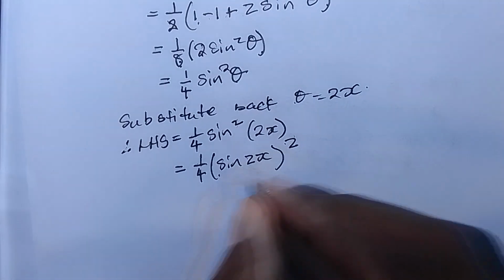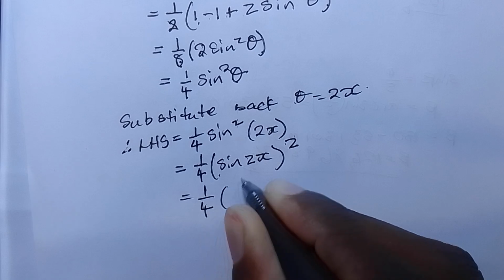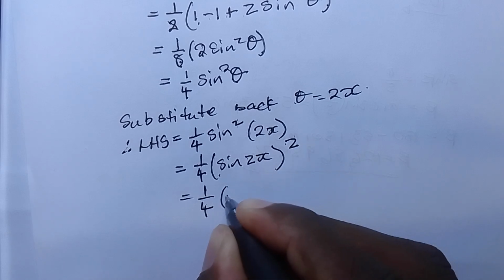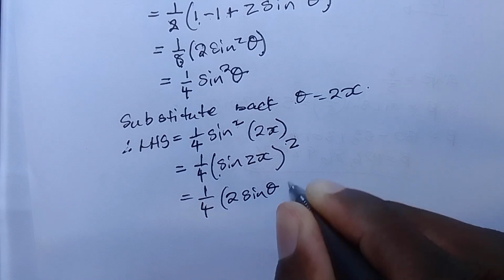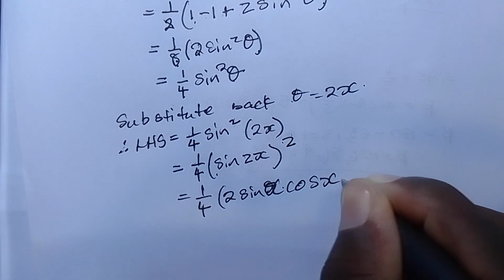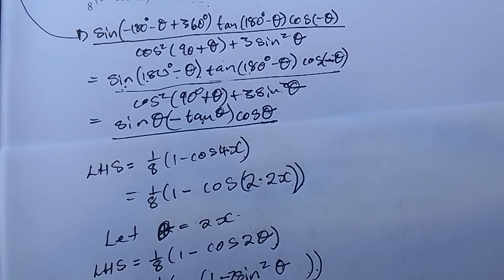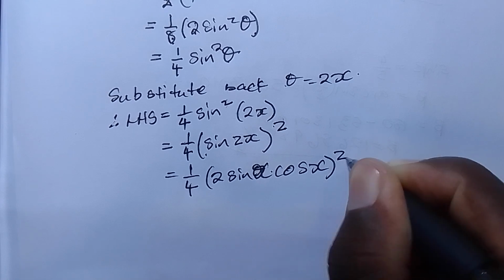What we will do is we use the double angle for sine, have 1 over 4 into, if you use the double angle for sine, you have 2 sine x cos x all squared.